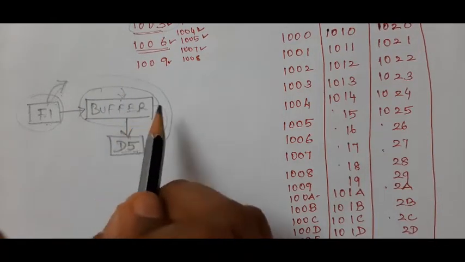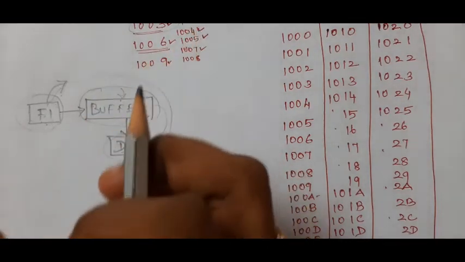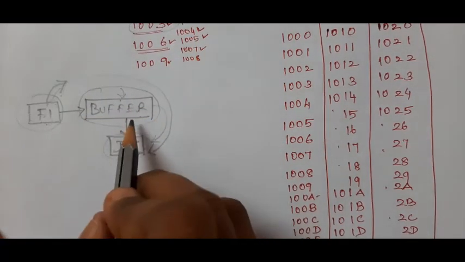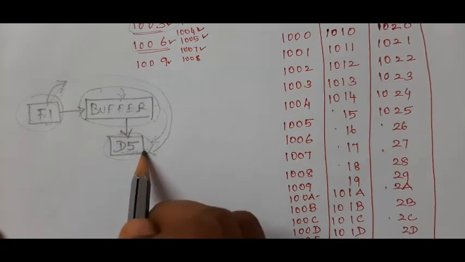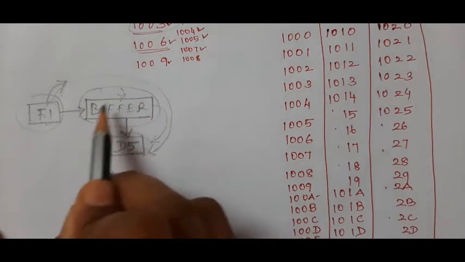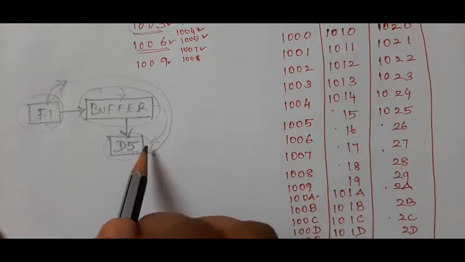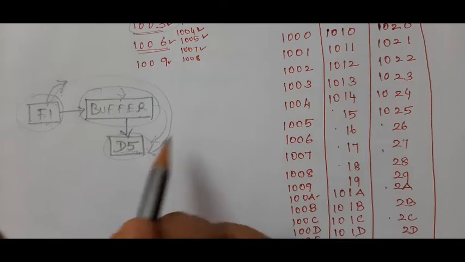After storing, again we check whether the device is ready to accept the data from the buffer. If it is ready, it accepts the data. If it is not ready, the record or data will be kept stored in the buffer itself. Later, when it is ready, it will write the data from the buffer.